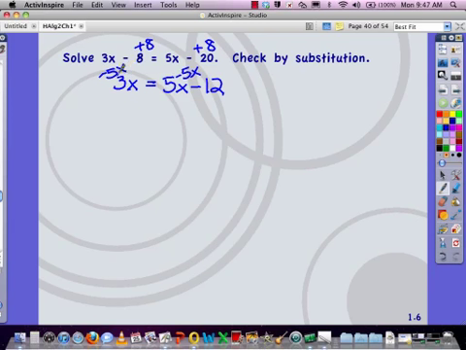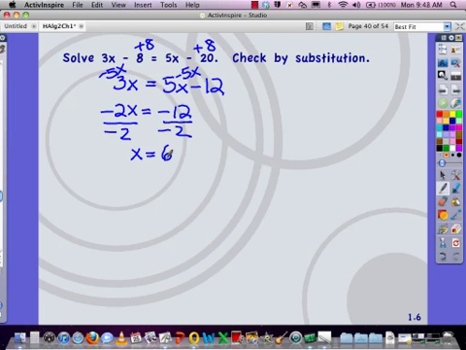When we do that, it leaves us with negative 2x equals negative 12. Seeing that we have multiplication, most people would divide both sides by that negative 2, resulting in x equals 6. And then you always want to get in the habit of at least mentally, if not physically, checking these problems. It says check by substitution.